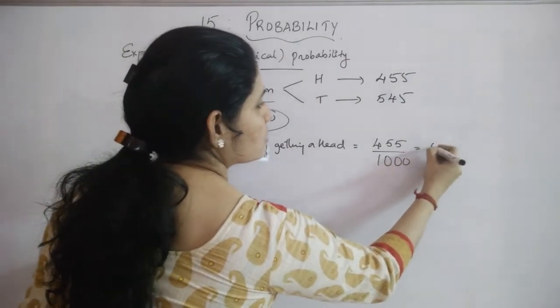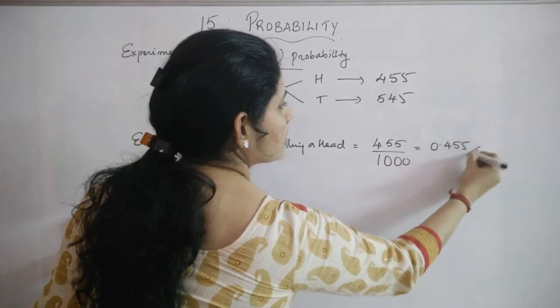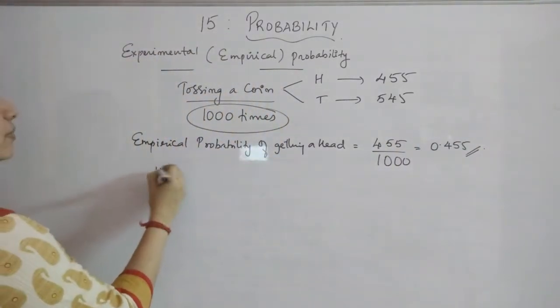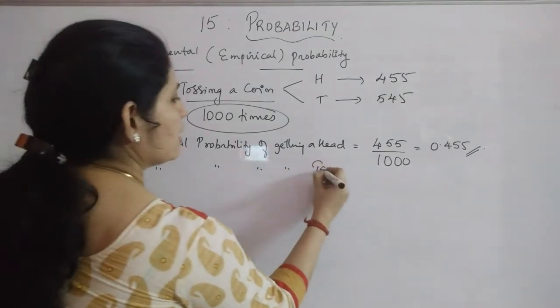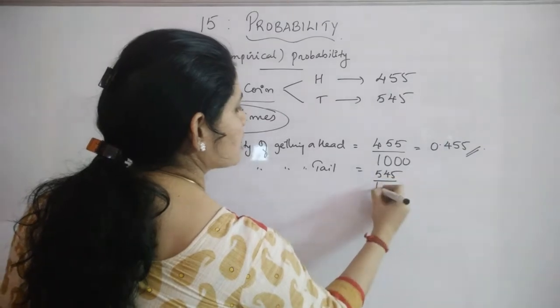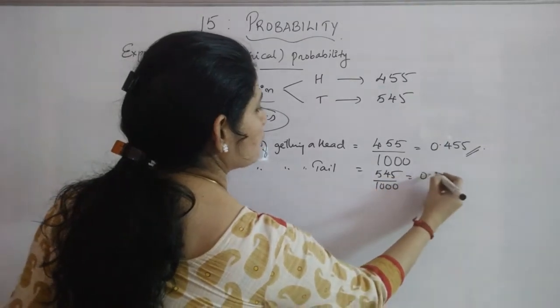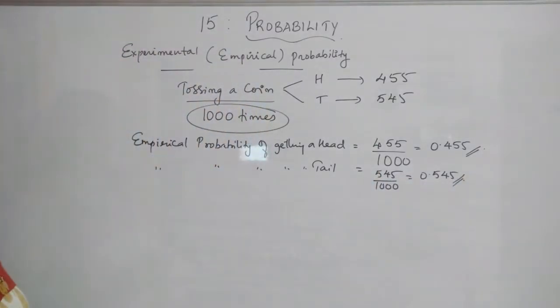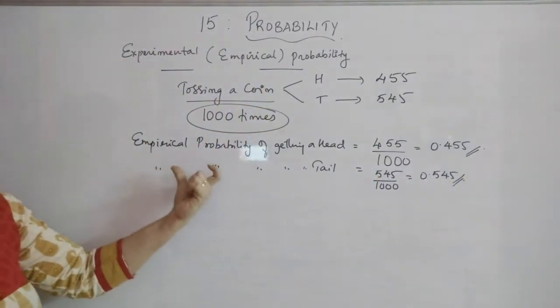So this gives you 0.455 as the probability of getting a head. And the empirical probability of getting a tail will be 545 divided by 1000, that is 0.545.